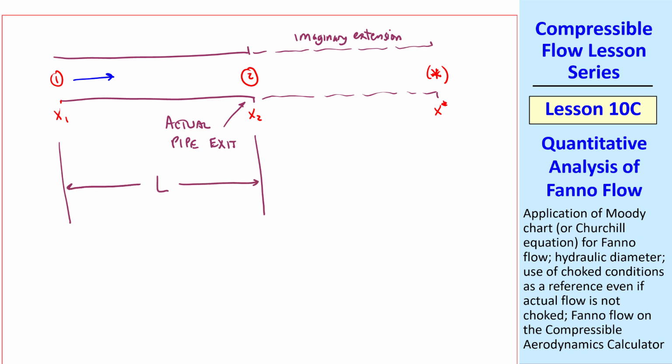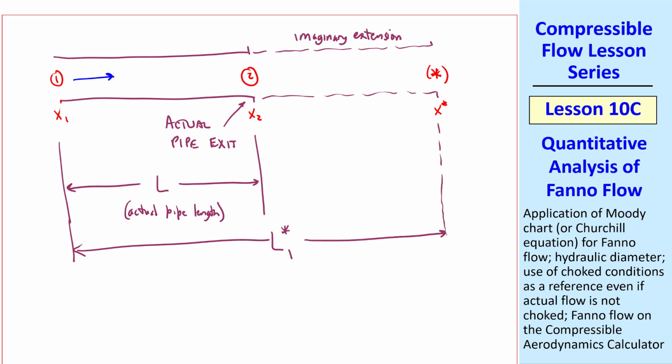We'll let L be the actual length of the pipe as we've used previously, but we'll define L star, and I'll call it L star 1 to show that we're starting at location 1. This pipe could extend farther upstream, so we're going to indicate L star 1 as the length required to reach sonic conditions or critical conditions starting at state 1 or x1.